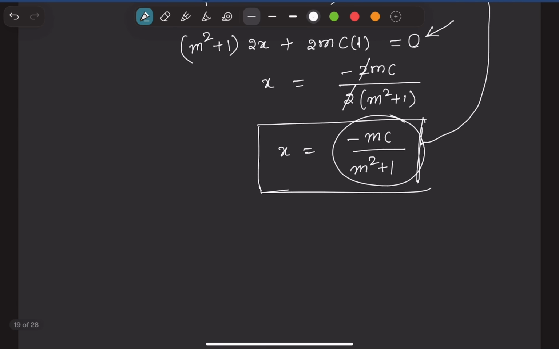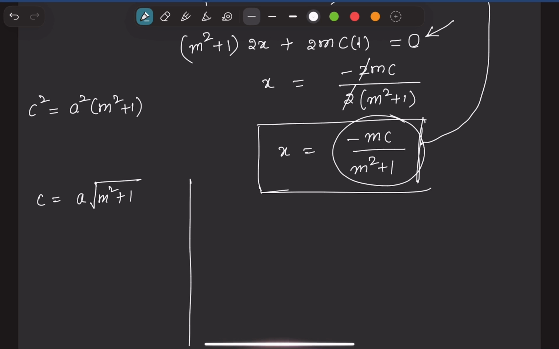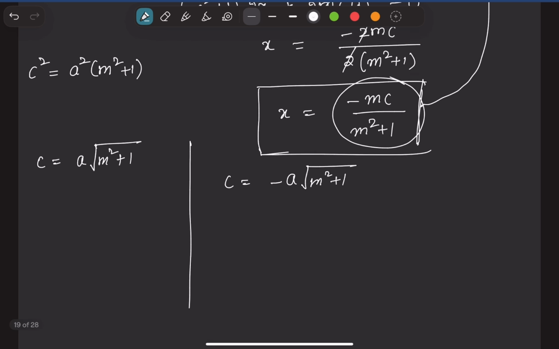Alright. Now we know c square is equal to a square multiplied by m square plus 1. So therefore, c can be square root of m square plus 1 multiplied by a, or it can be minus a multiplied by square root of m square plus 1. So there are two cases.